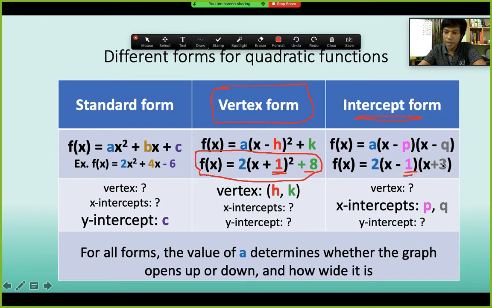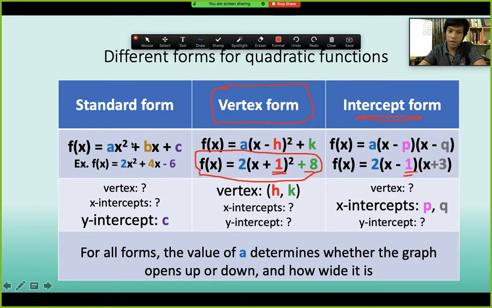And this is x plus 3, that means minus 3 is another intercept. So if the function is given this way, we can easily find the x-intercepts. If I ask you once again, what are the x-intercepts for this question? Plus 1 and minus 3. It will be the opposite sign. Okay, so this is the intercept form.